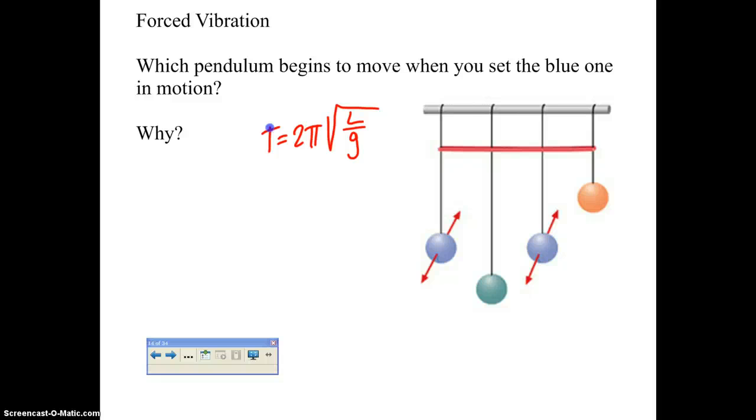When you set this blue pendulum bob into motion, which other pendulum, 1, 2, or 3, is going to oscillate with the same set of vibrations, in other words, the same period? It would be the one with the same length. Agreed? So number 2 is going to oscillate with the same motion, forced vibration. Why? Equal lengths.